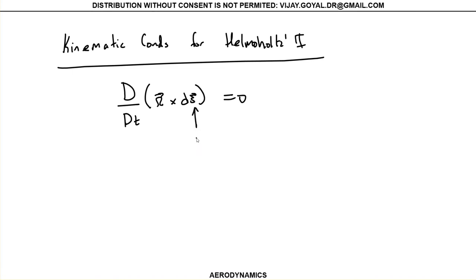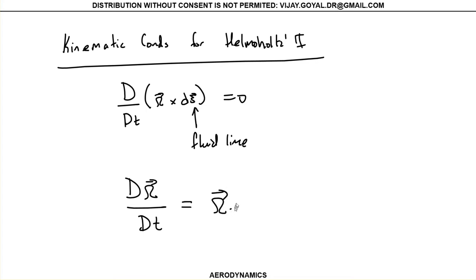This is for the fluid line. If this is 0, then your total expression is actually equal to this dot B. And this will be true only when vortex lines convect with the fluid lines and all other torques are 0. We already said that. So this is the condition for which Helmholtz's second theorem should be applied.